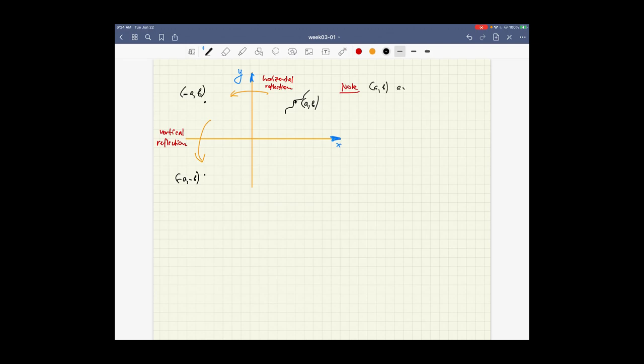A comma b and negative a comma negative b are reflections about the origin of each other.